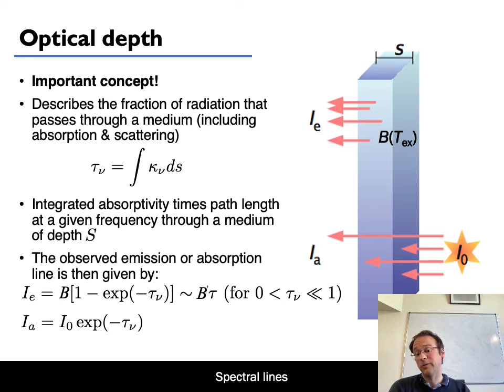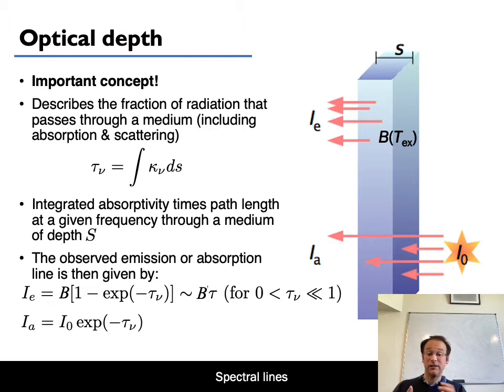Now, moving away from how spectral lines are generated physically and looking a little bit more at how they're used to measure properties of astrophysical media, one of the key concepts here is called the optical depth. The optical depth is equal to the integral of what's called the absorptivity. The absorptivity is an intrinsic property of the medium at that frequency, at that wavelength, that is related to the transition.